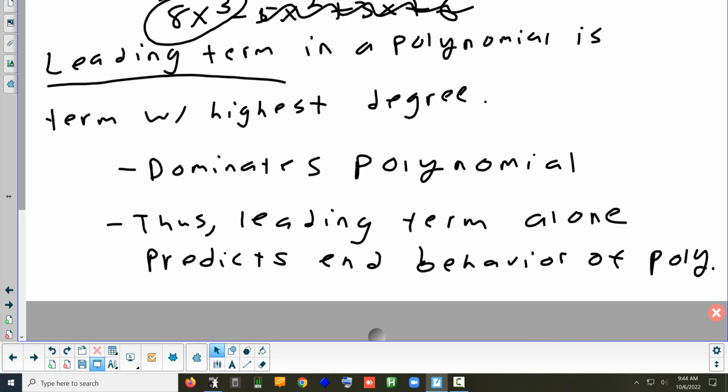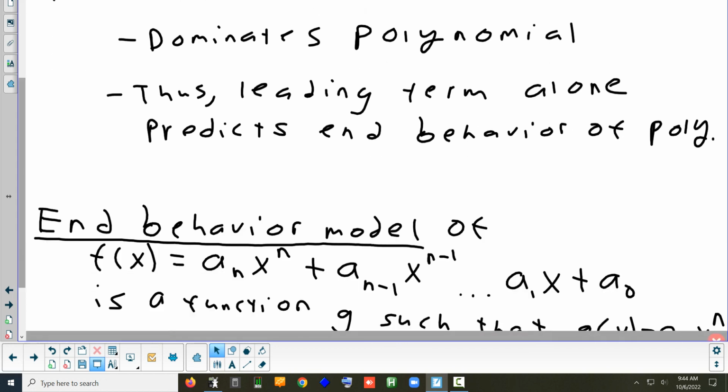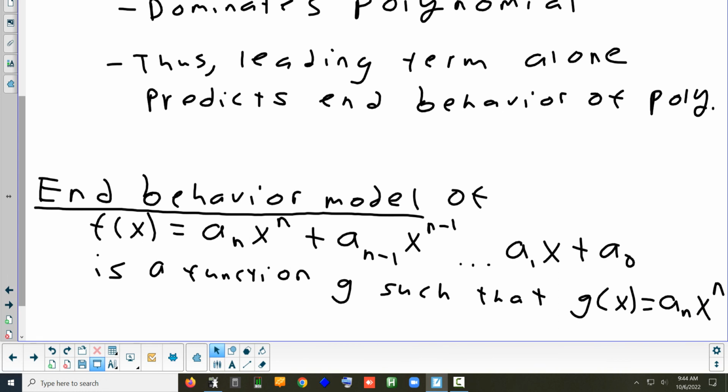So because the leading term predicts the end behavior, we call that leading term the end behavior model. If you've got some really long polynomial, the only thing you have to look at is the very first term.